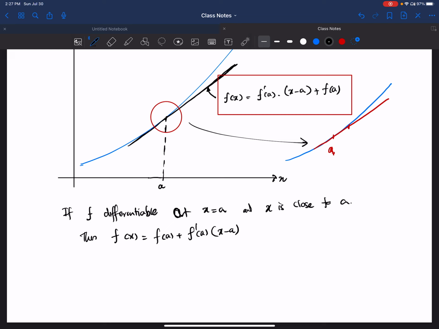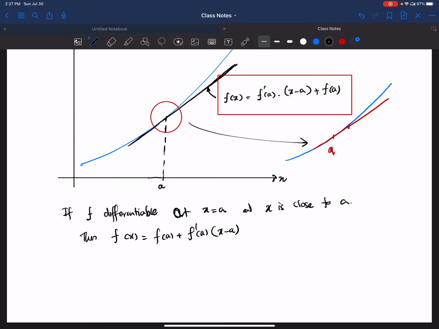That's our approximation. That's a linearized function. We can linearize any function by using the equation of the tangent line.